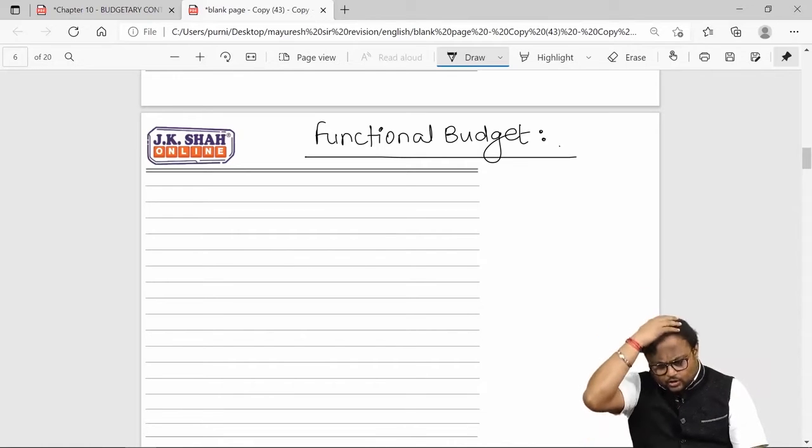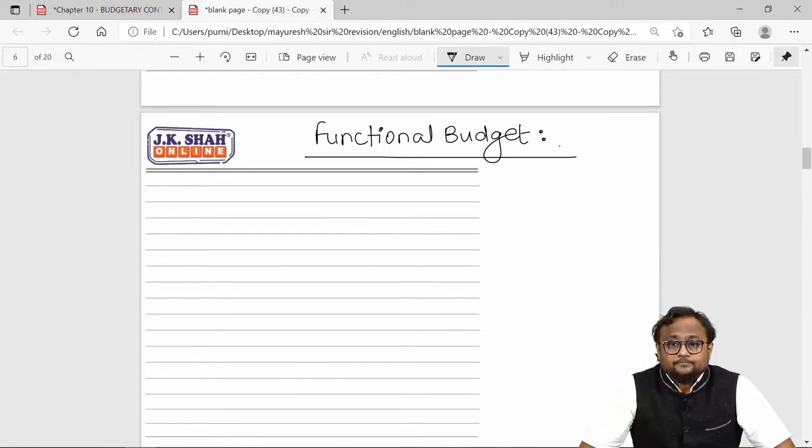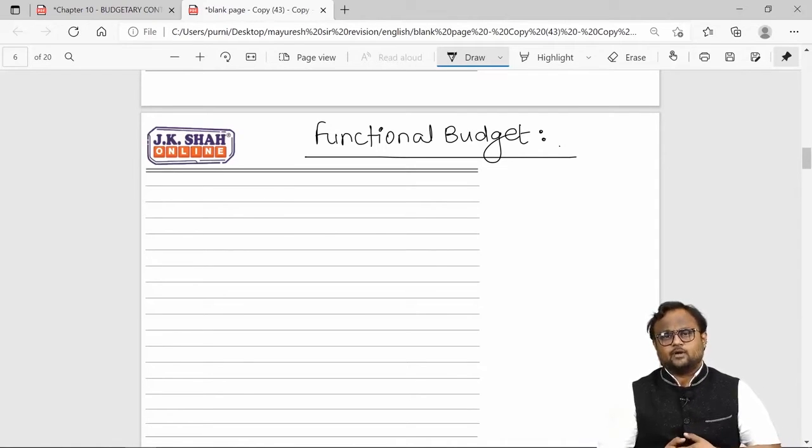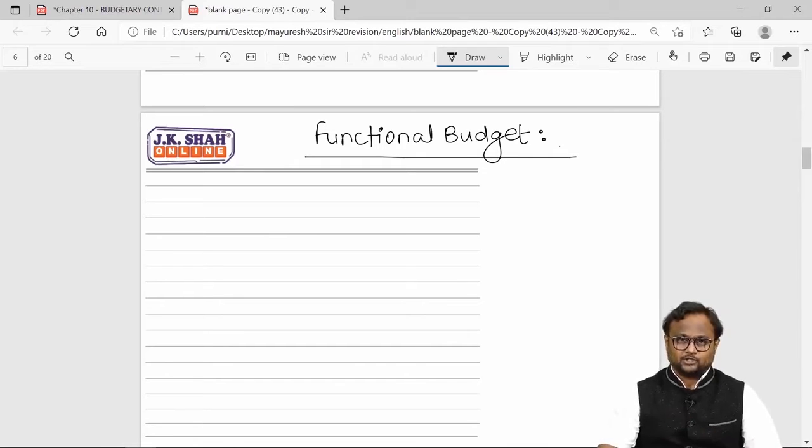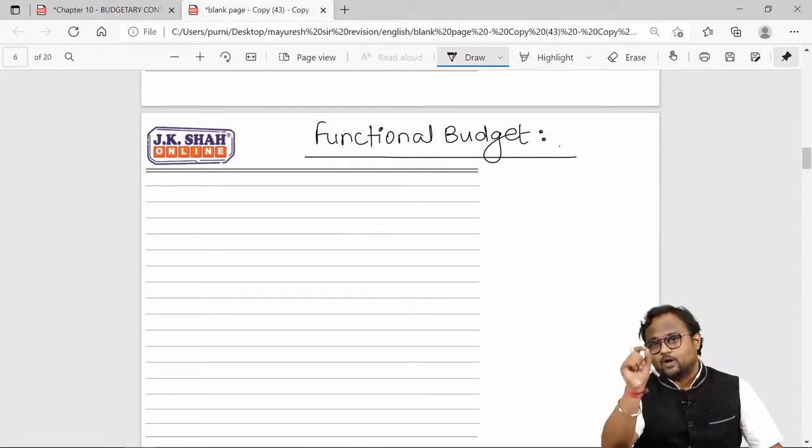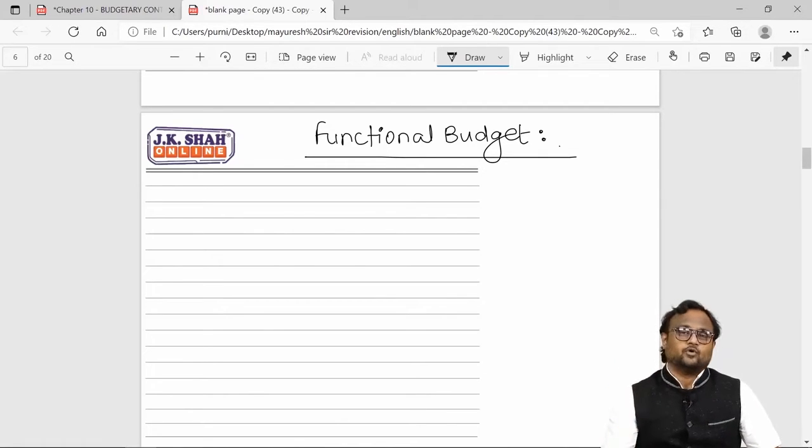Okay, you already have solutions with you, right? I will briefly explain the entire method of functional budget first, then you try to implement it in other questions. 99% of questions on functional budgets can be solved with the help of that one chart that I'm going to give you now.